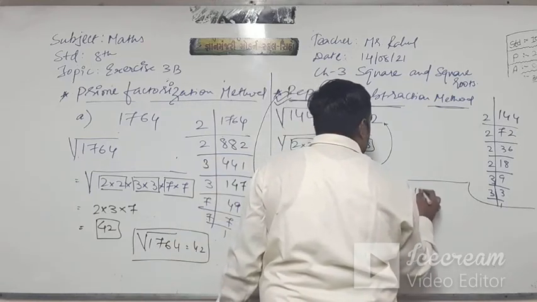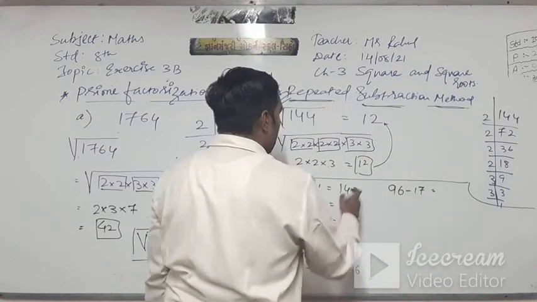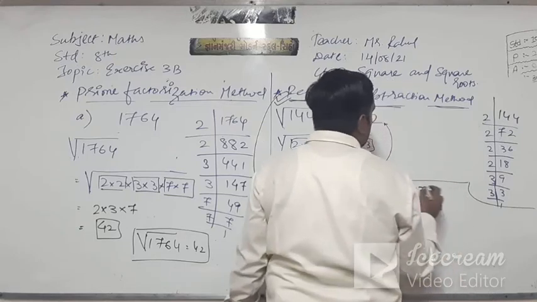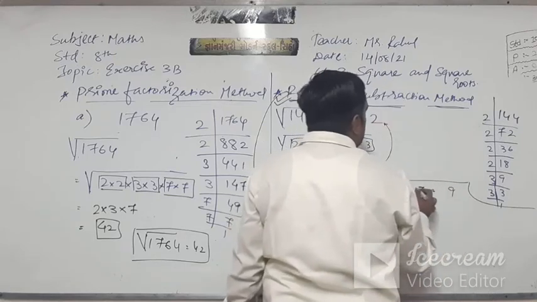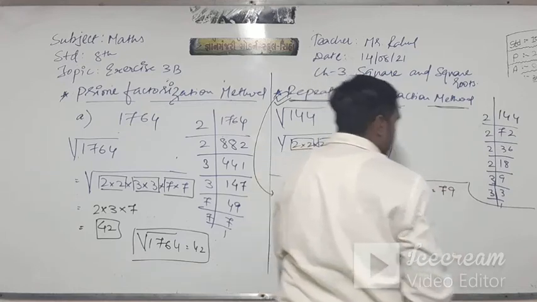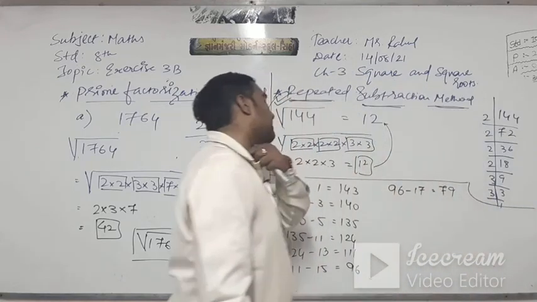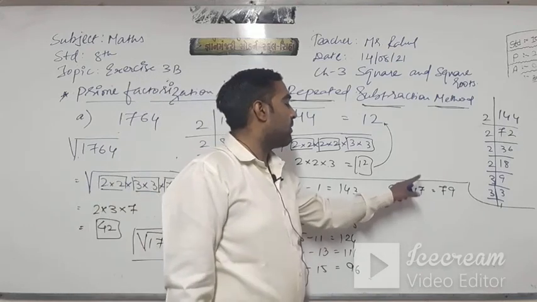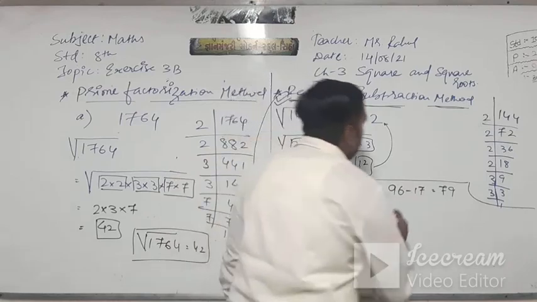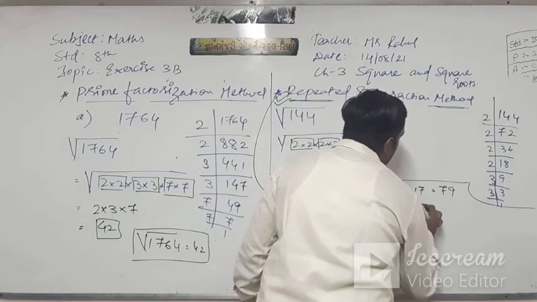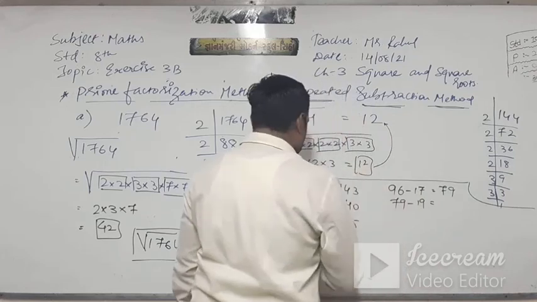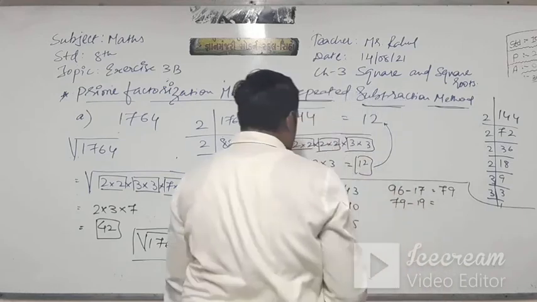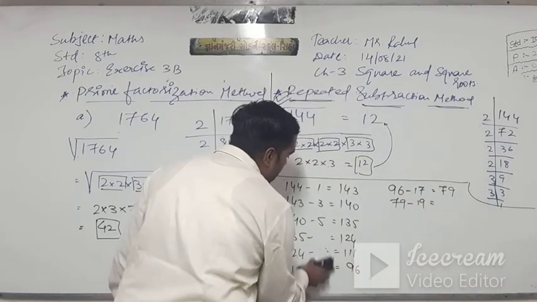96 minus 17, that is 79, right? Now 79 minus 19, but 1, 3, 5, 7 is missing, and 9 is missing.